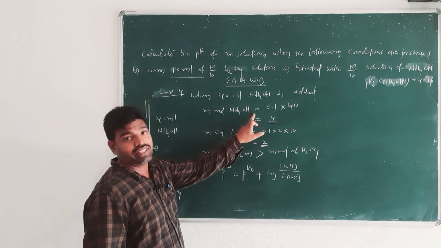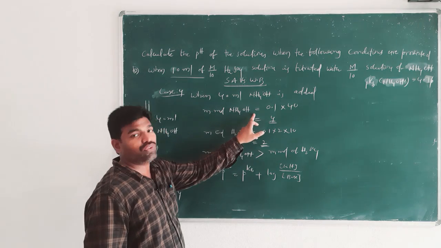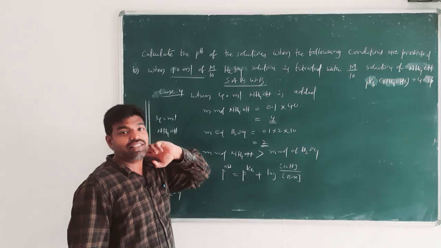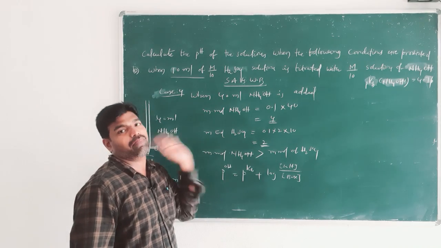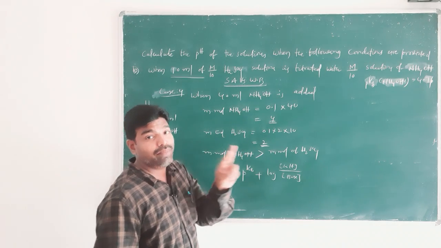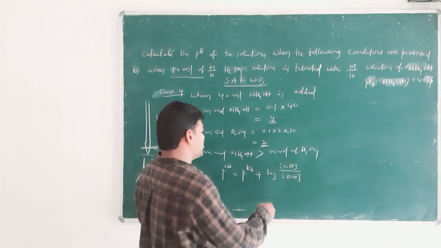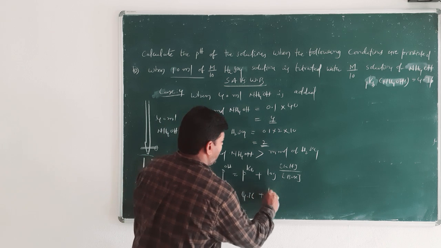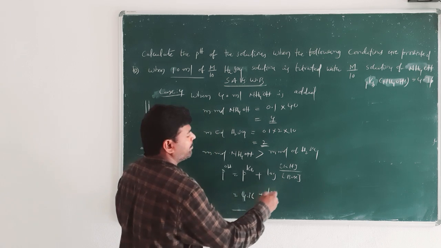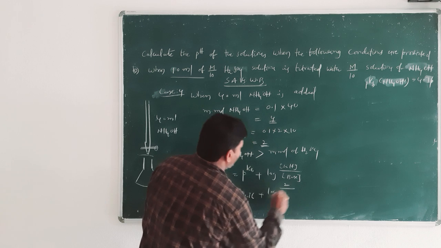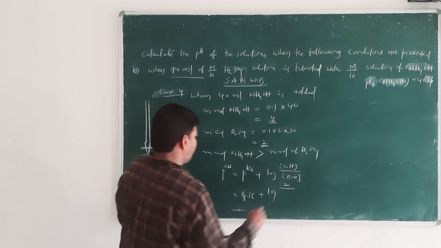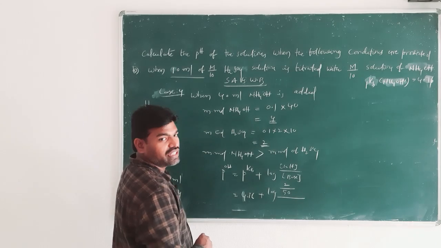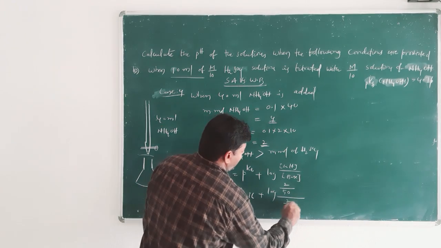So, NH4OH left behind is 4 minus 2, that is 2 millimoles, and 2 millimoles of salt is formed. pKb is 4.76, and log of concentration of salt, millimoles of salt by total volume 50 ml, over concentration of base, millimoles left behind by total volume, is 2 by 50 over 2 by 50.